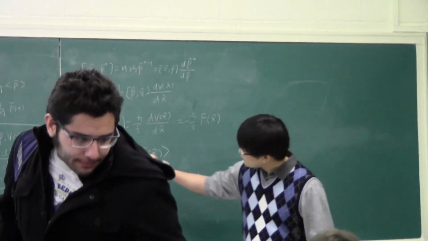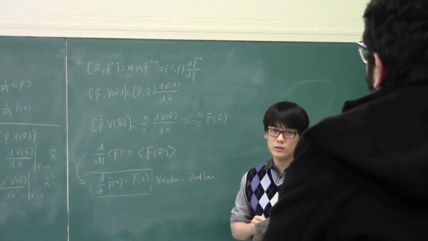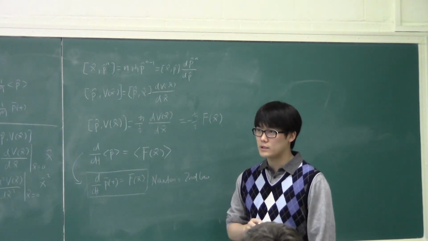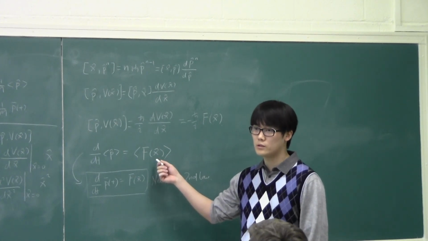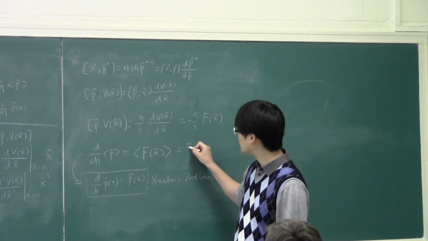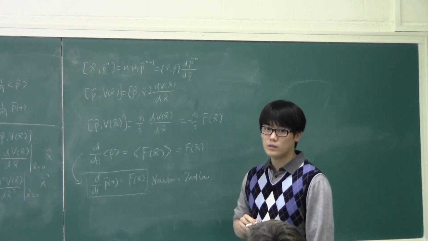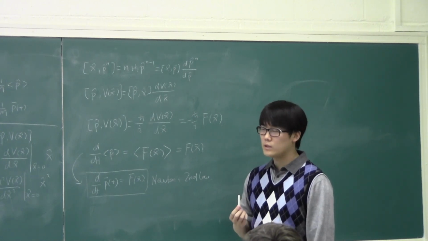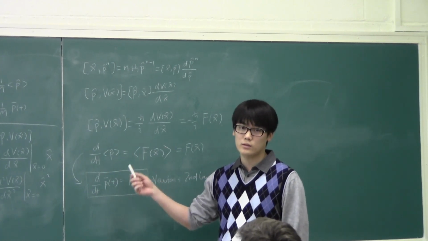Okay? But going from here to here, there is a difficulty, right? Because we know from probability theory, can you just take the expectation value inside of a function? You can't. So this is not in general equal to the function evaluated at the expectation value of things. So you can see that in quantum mechanics, even in terms of expectation value, there will be deviation from the classical case.